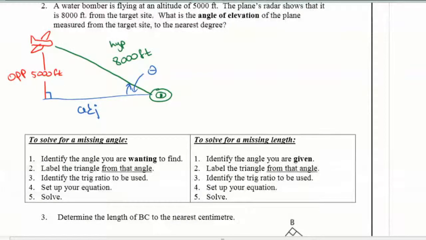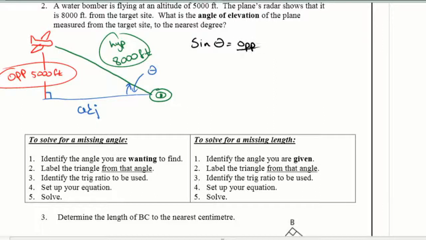So if I have the opposite side here, and I have the hypotenuse, I think back to SOHCAHTOA, and the sine of angle theta is equal to the opposite divided by the hypotenuse. The sine of the angle is the opposite side divided by the hypotenuse. So those are the 2 sides I'm given.